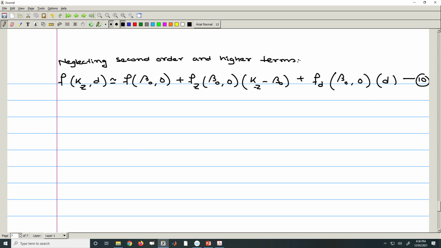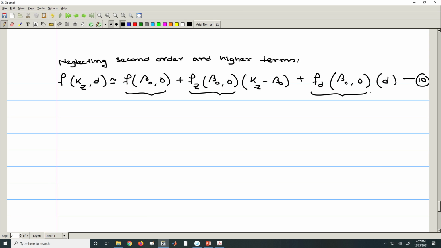So, now first we will find out f(beta naught, 0), then f_z(beta naught, 0), and then f_d(beta naught, 0).